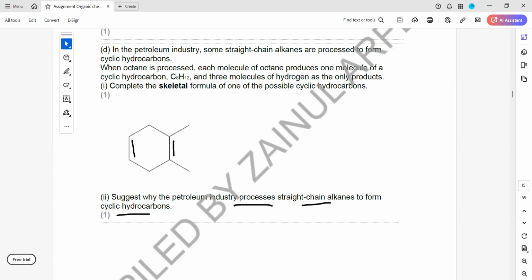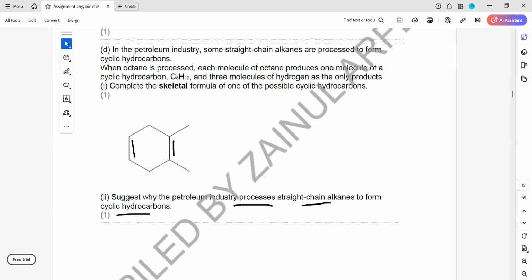So cyclic compounds can burn more easily as compared to straight chains. To write a more structured answer, the best thing is you can say it will promote more efficient combustion.